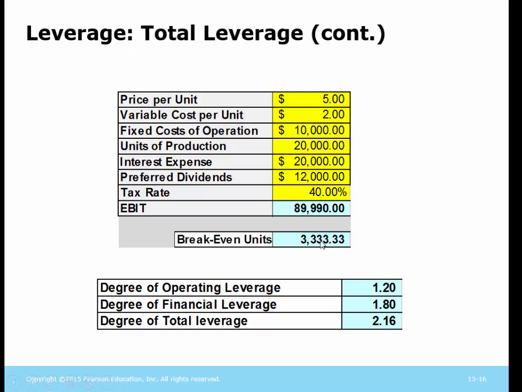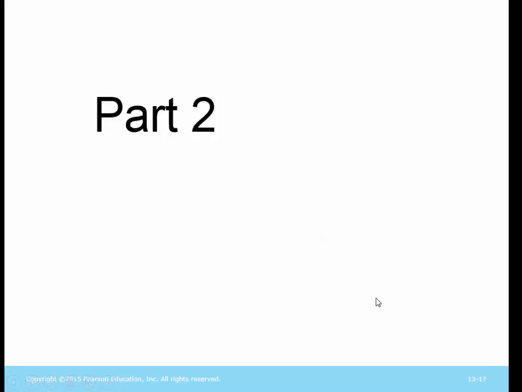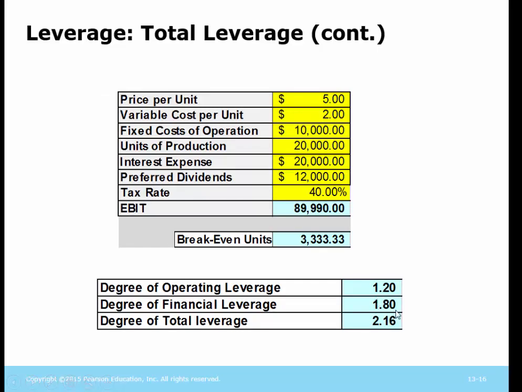We find out that their break-even unit is 3,333 units. So certainly at 20,000 units, they're far above what their minimum is. So they're going to be profitable. But we also can then go down and see here that the degree of operating leverage is 1.2. The degree of financial leverage, 1.8. And when you multiply them together, we end up with 2.16 as the total impact of all of the fixed costs on the riskiness of the company.